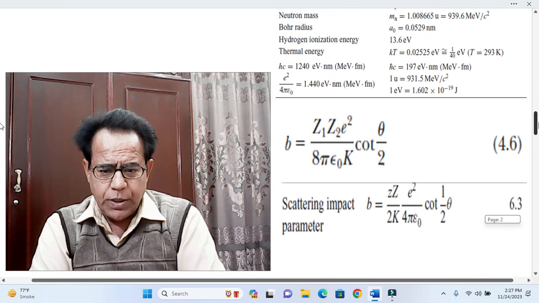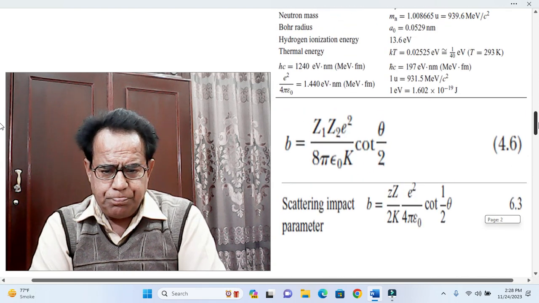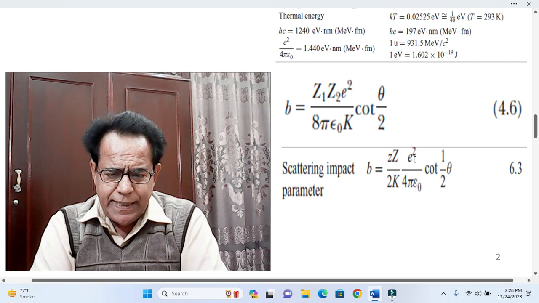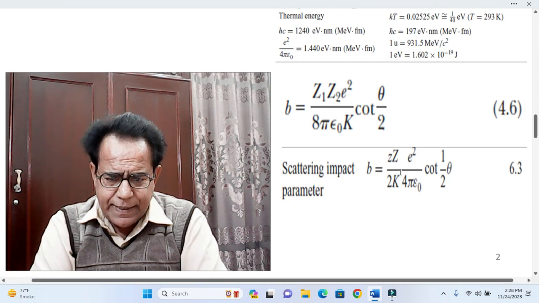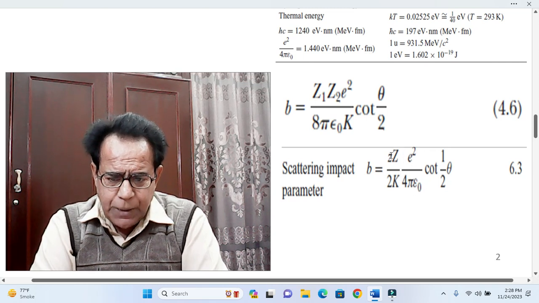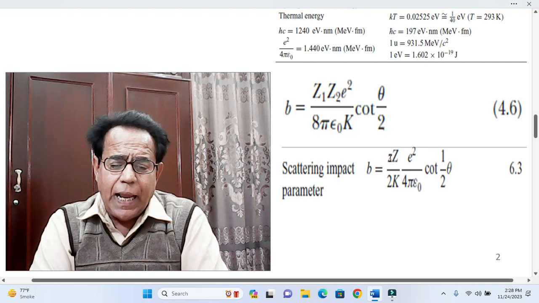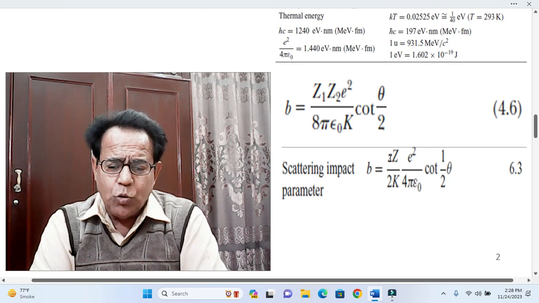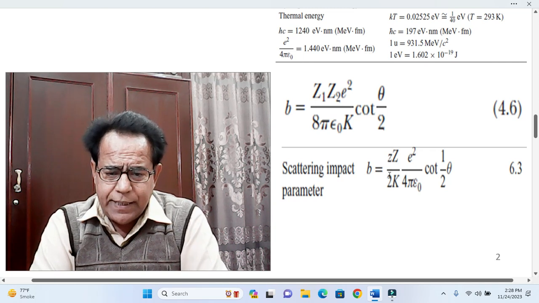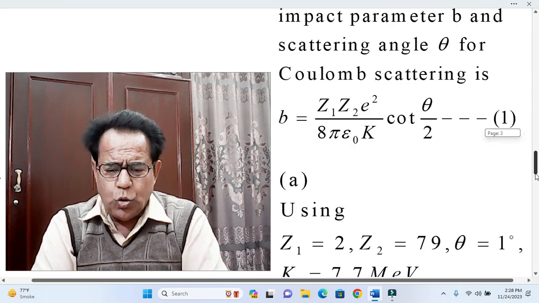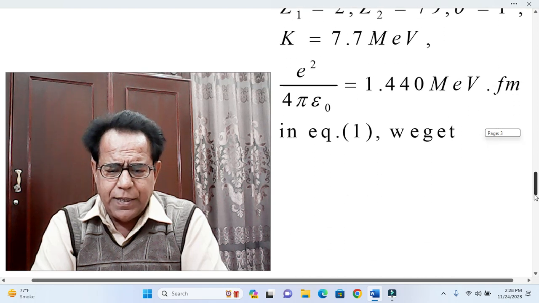Because, dear students, e square over 4 pi epsilon naught is one value, and in place of this we have used one value. One 2 is for alpha particle, helium nucleus, and the other 2 is the one contained in the formula, so we should not confuse the one 2 with the other 2.